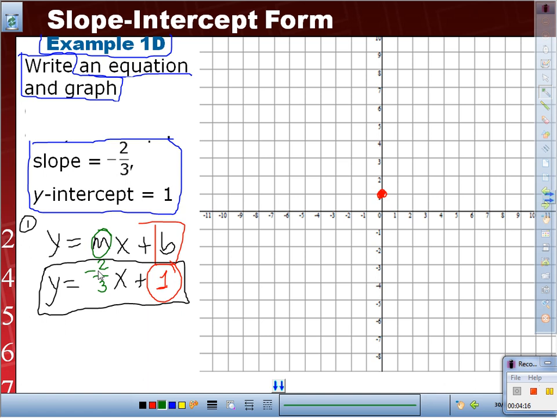So how many steps down? Negative. So we go 1, 2, and how many to the right? 1, 2, 3. Plot your point. Don't move from there and do it again. 1, 2, 1, 2, 3. Plot your point. From there, do it again. 1, 2, 1, 2, 3. Plot your point and graph your line.